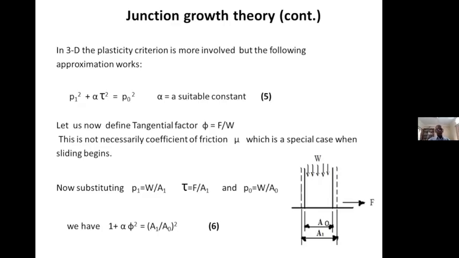Now, we are talking about a situation where there is no sliding, and the force is not sufficient to cause sliding. So we cannot say F by W to be coefficient of friction or mu. We define it as a tangential factor phi, and that is F by W before sliding occurs, and after sliding occurs, which is a special case of phi, then we call it mu.